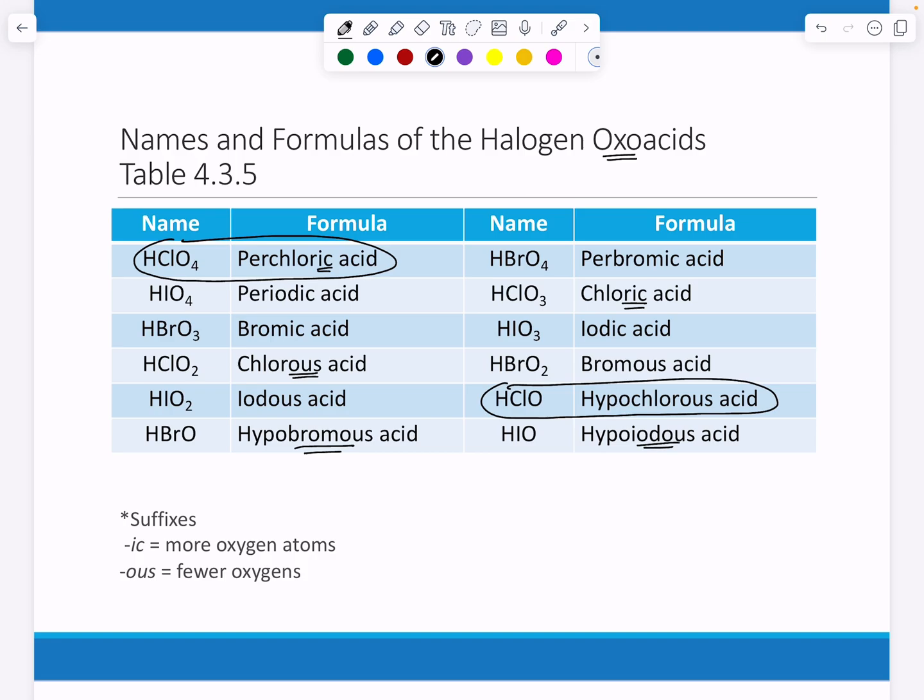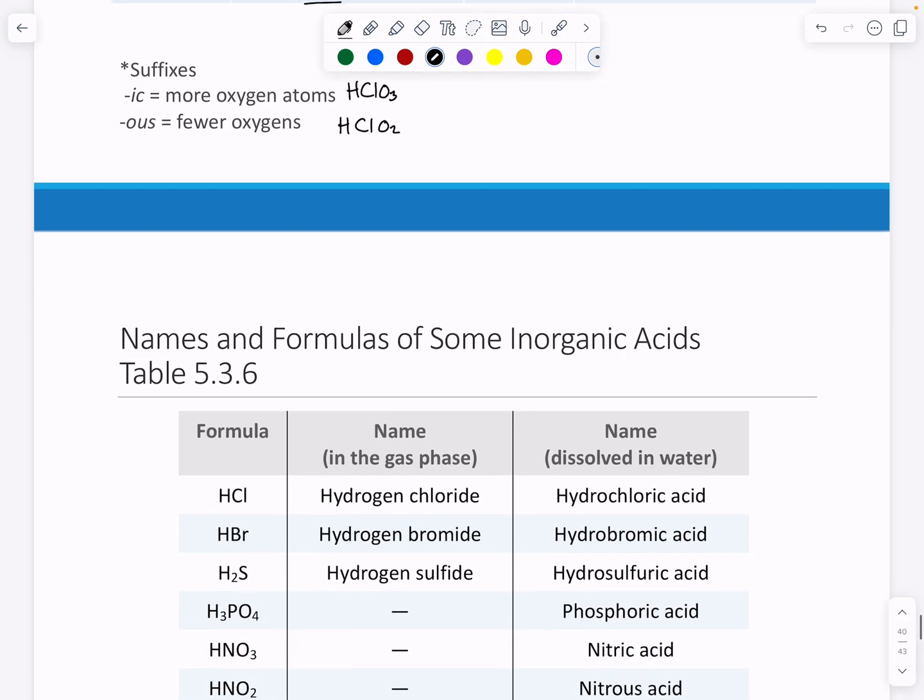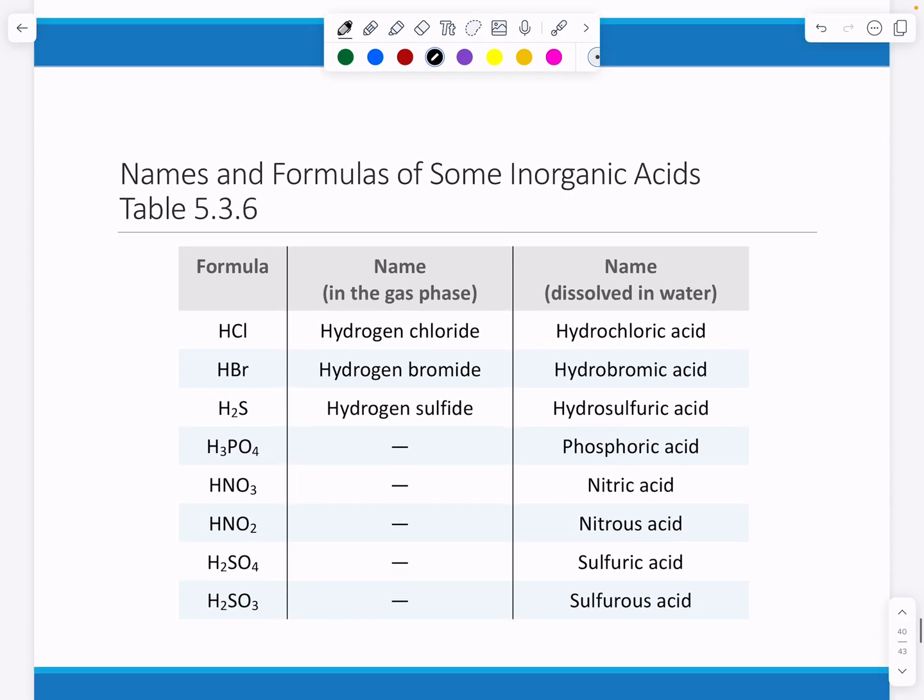Now, what's the difference between chlorous and chloric? Well, it's just the number of oxygens, right? So chlorous would be our HClO2, and chloric is HClO3. I'm not a particular fan of the -ous and the -ic naming, but it is a key or historical feature of chemical naming, okay?